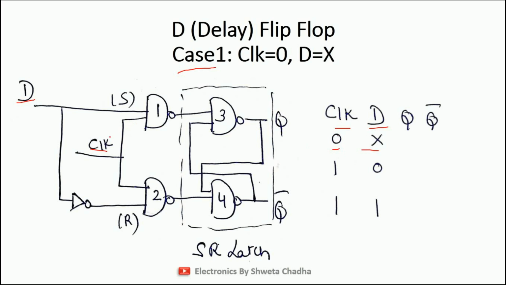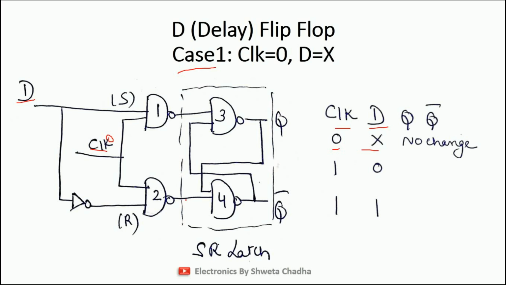But the condition is when clock is 0. Just recall the previous case which I discussed in SR flip-flop, that when clock is 0, it doesn't matter what the value of S and R is, the output is going to be no change. So here as well we are getting no change condition when clock is 0.